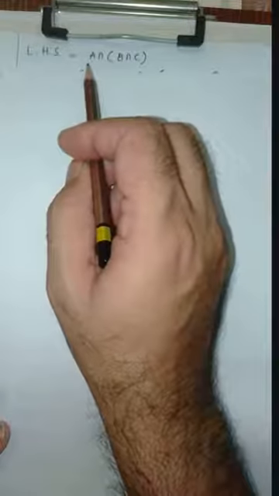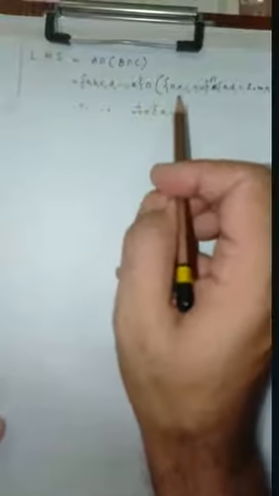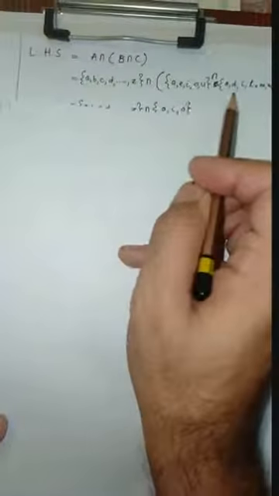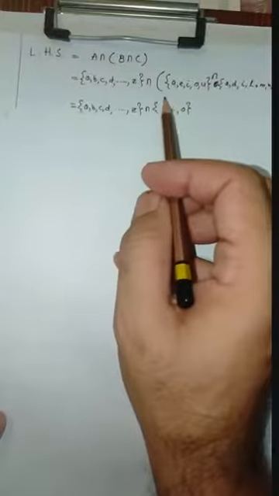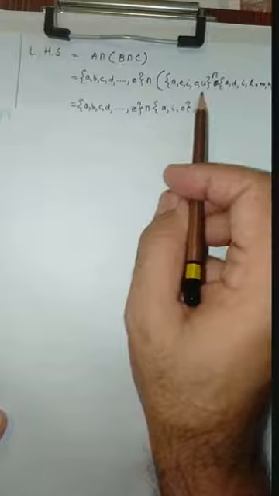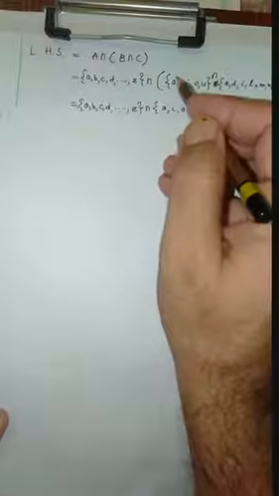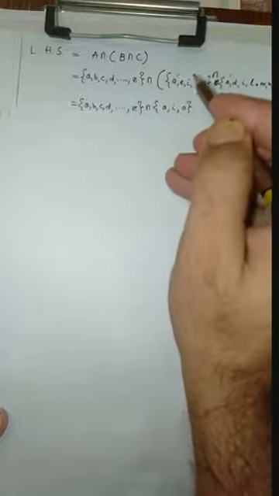Now left hand side, A intersection bracket B intersection C. Putting the value of set A, set B and set C like this. First of all we will take intersection between these two sets which are in the brackets. So the intersection between these two sets is A is common in first set and second set, I is common in both sets, and O is common in both sets.